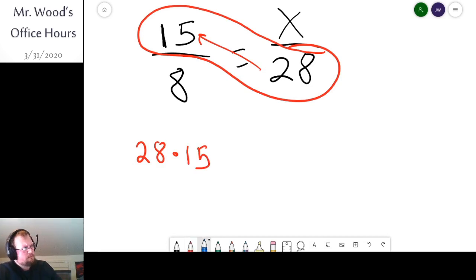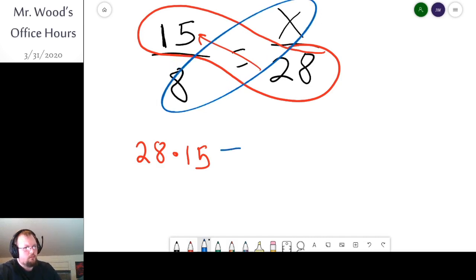And then you multiply the right side, which is over here, where you do 8 times x. And yes, you can divide these fractions if you're doing that, and then multiply by 28. That's totally fine. And then you end up doing 28 times 15. So go ahead and just pop that one into a calculator.